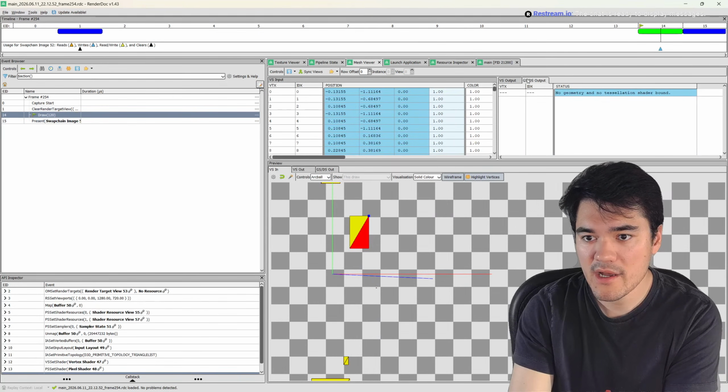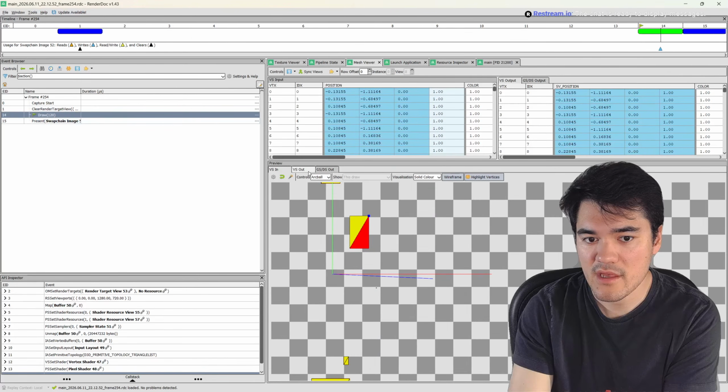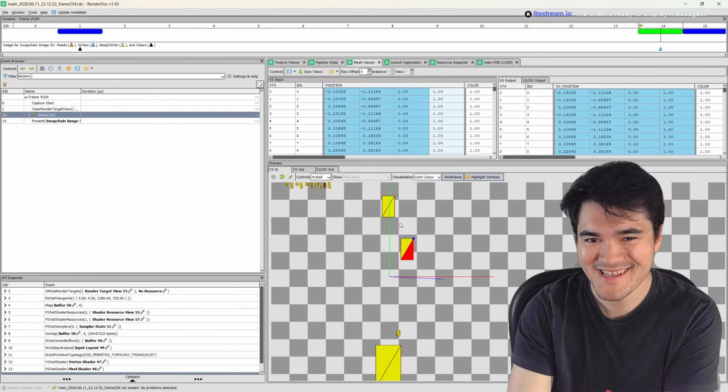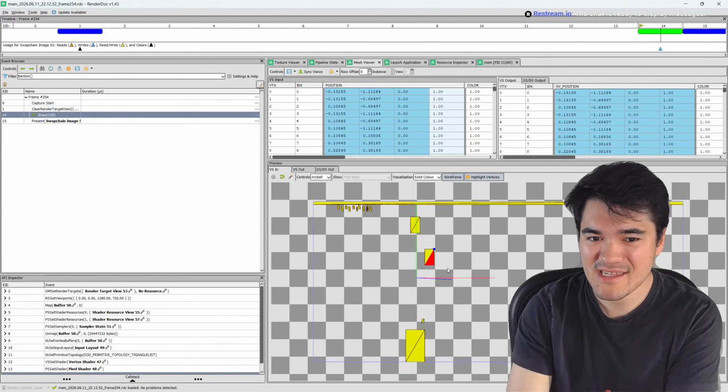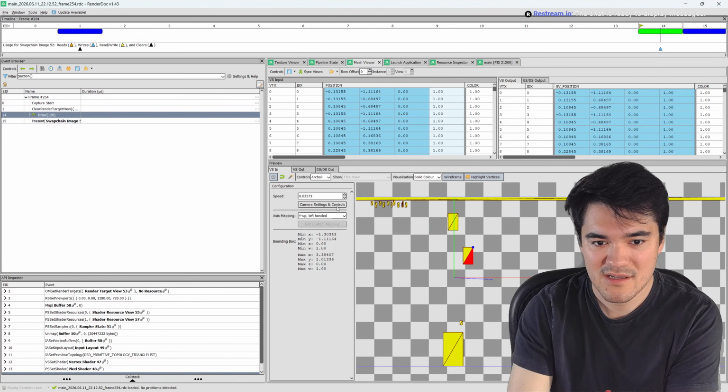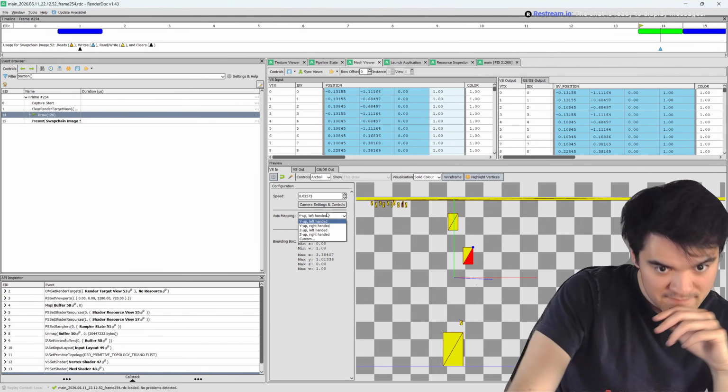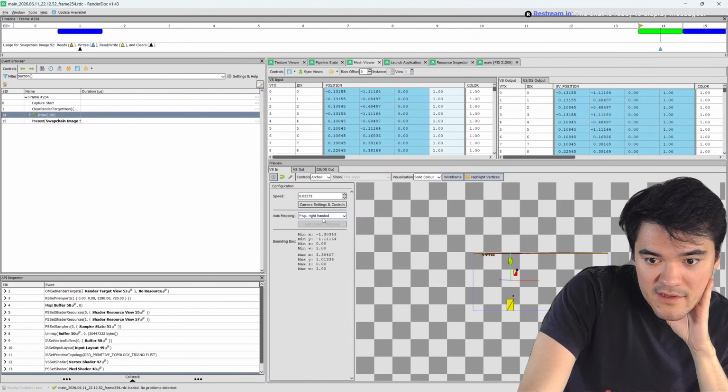So why are they different? All the vertexes are the same. Is it just that this is wrong? Why up left-handed? Y up right-handed. No, we want Y up left-handed right now.